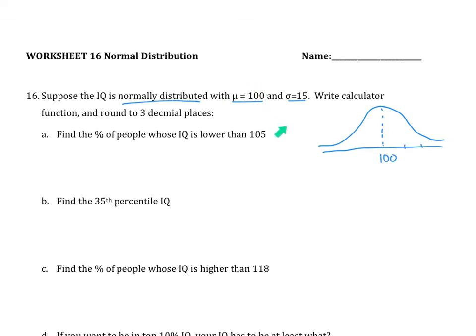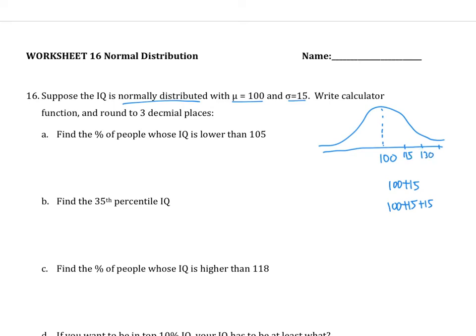And 1, 2, 3. Again, I intentionally pick the third mark, so the graph is flat, right? And I'm going to go by standard deviation. The standard deviation is 15, so the first mark is 100 plus 15, that's 115. The second mark is 100 plus 15 plus 15, so I just keep adding the standard deviation each time.